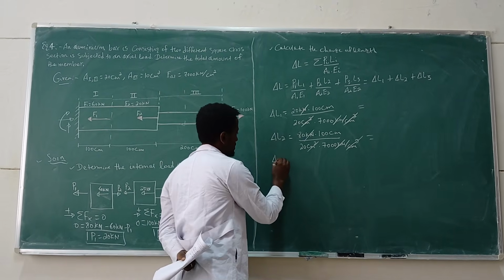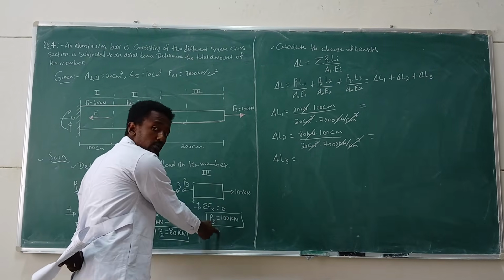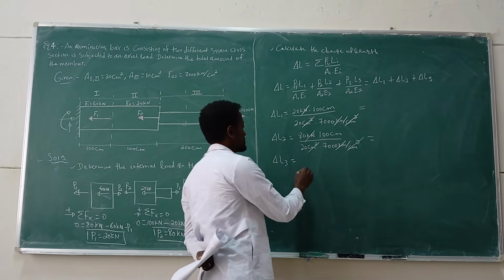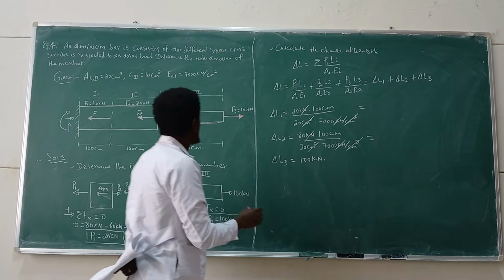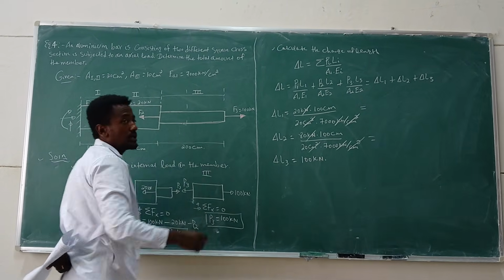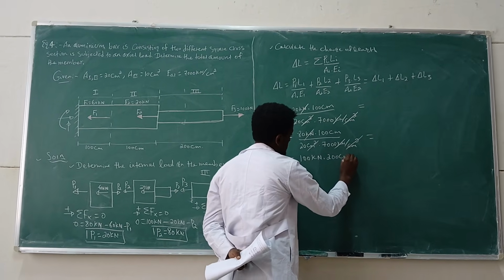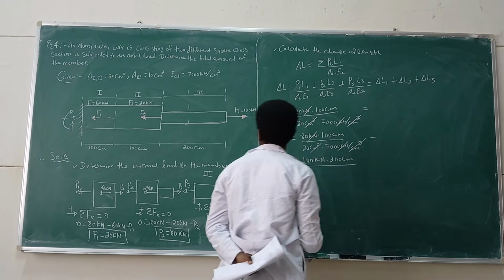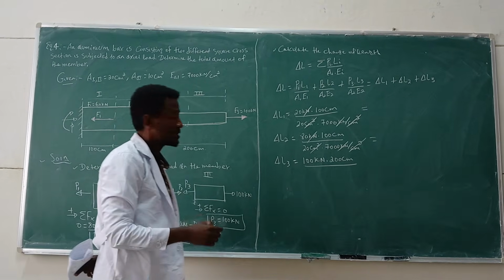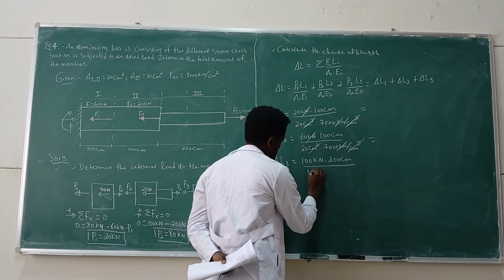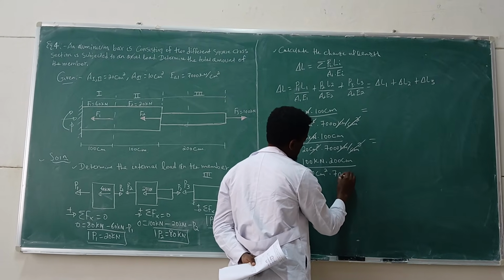Then change of L3 equals P3. You get 100 kilonewton times length 200 centimeter divided by area 3, it's given 10 centimeter square, multiplied by 7,000.